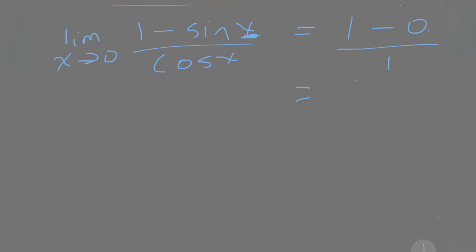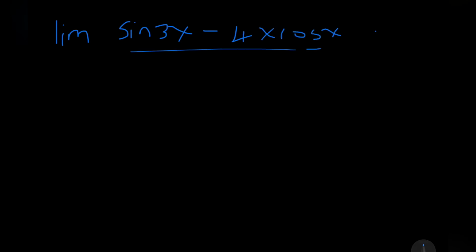So the limit of this function, the limit of sine 3x minus 4x cos x all over 2x, as x approaches 0.